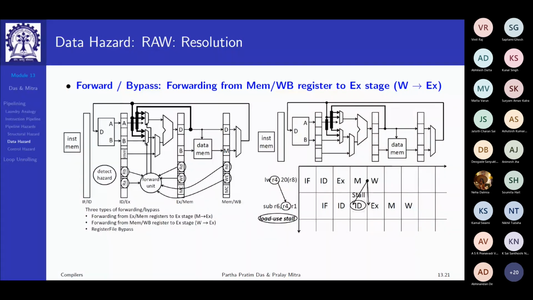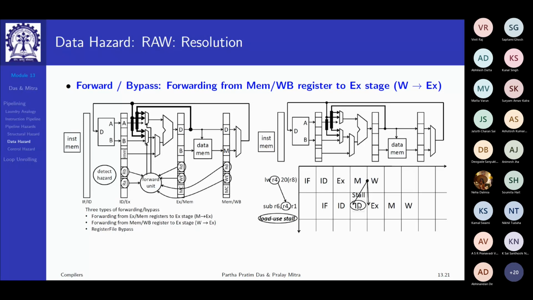From memory, in the load instruction, the value will be read, and in the write back stage it will go to R4. Then sub needs this R4. Since it does not get that value, it will have to wait. It will have to stall.